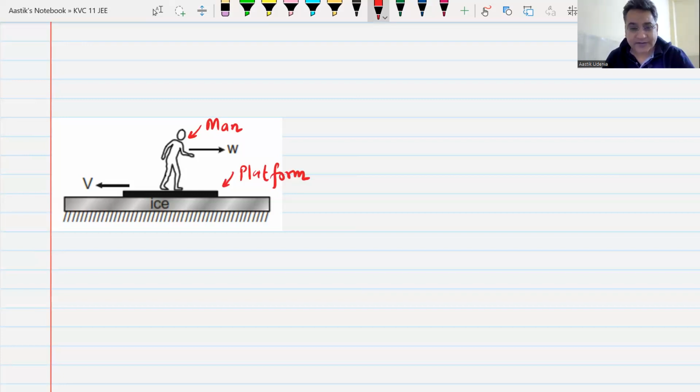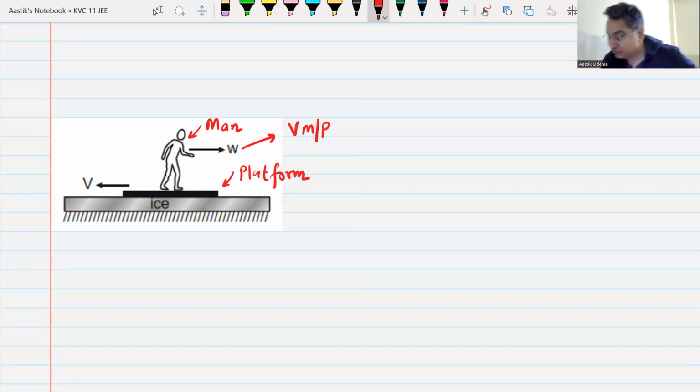So what happens here is the man is walking with respect to the platform. This W is the velocity of the man with respect to the platform, which is the same as the muzzle velocity, because muzzle velocity is the velocity of the bullet with respect to the gun. The man is the bullet.